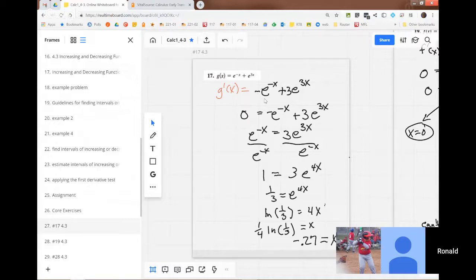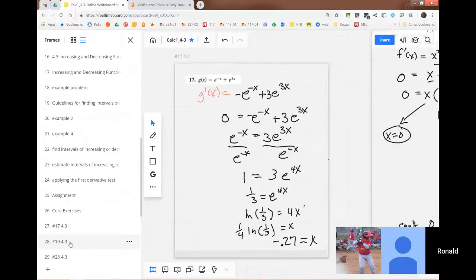We got a negative e, so negative 2.7 approximately, plus 3 over a small fraction, so that one's going to be negative. So the interval to the left from negative infinity up to negative 0.27 is going to be decreasing. And anyway, that would be one, another one like that.